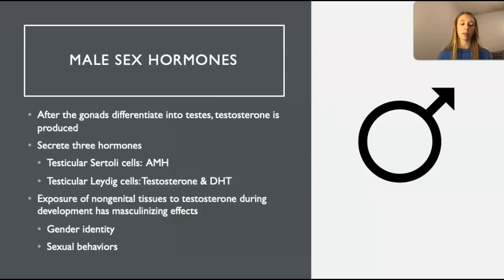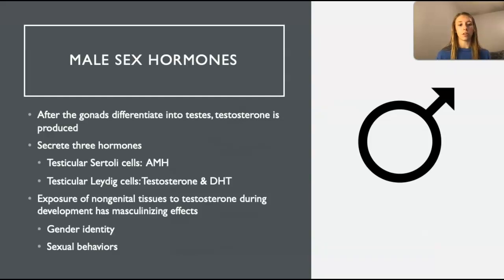Male sex hormones. The SRY gene leads to the testes development. However, the testicular development does not require any male sex hormones such as testosterone. Furthermore, the developing embryo cannot secrete testosterone until after the gonads differentiate into testes.